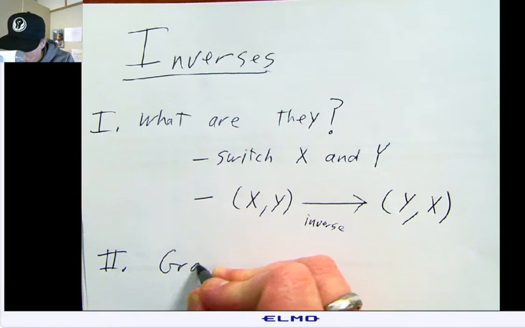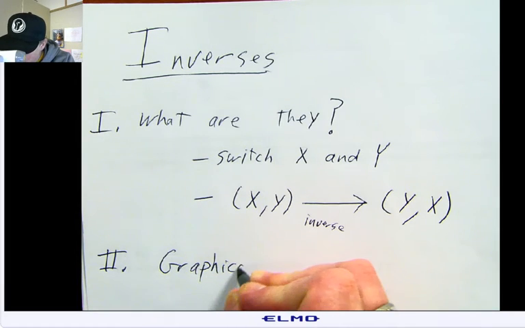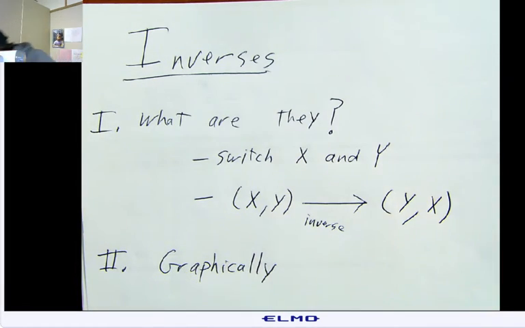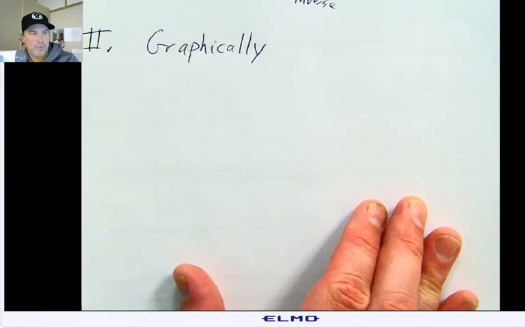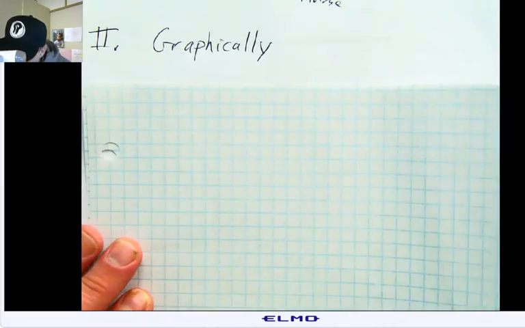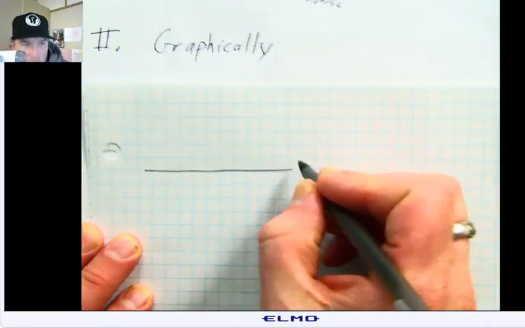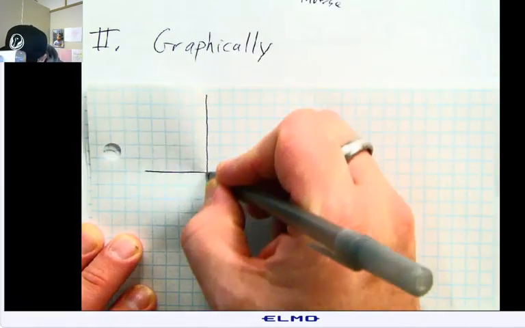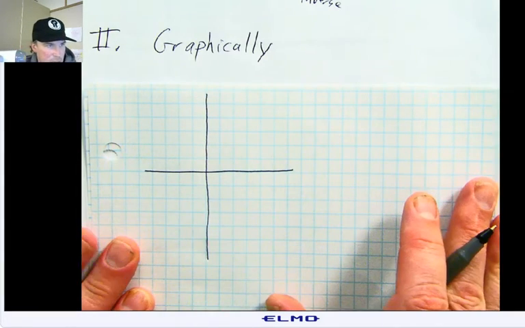First, let's just look at it purely graphically. And this is going to make the most sense on graph paper. So let's say I had a graph. Sorry about that, my hat just hit the screen.